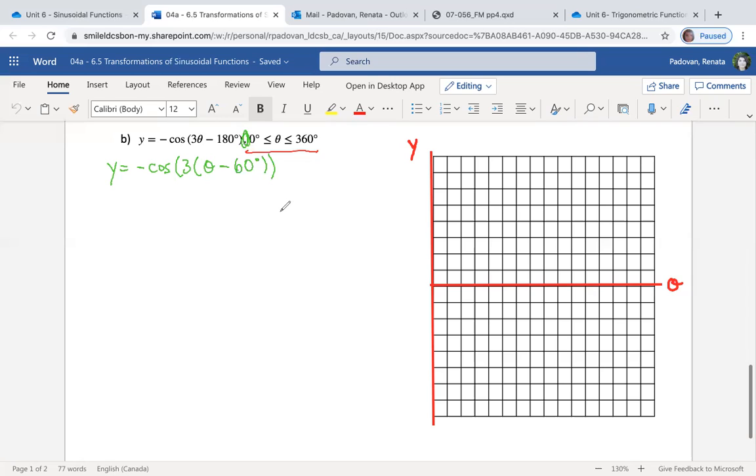Okay, so let's start there, which is step 1, graph the parent function. I want to see if you guys remember how cos is different from sine. y equals cos of theta, and I didn't put any numbers on the graph.